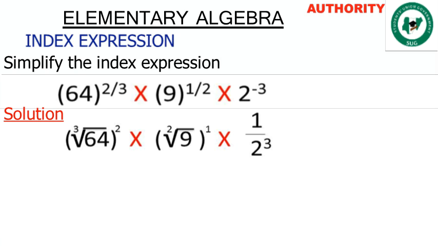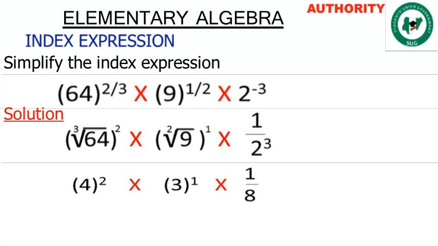No. Let's go 4. 4 times 4, 16. 16 times 4 will give you 64. That means the answer is 4, because 4 multiplied by itself in 3 places gives you 64. 4 times 4, 16. 16 times 4, 64.